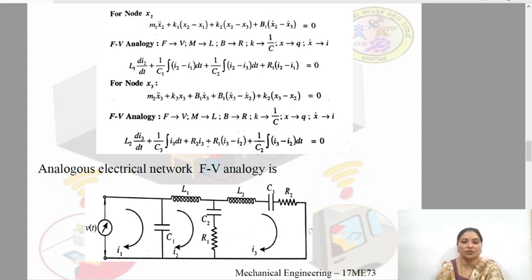Now for the node x3 we can write it as m2 x3 double dot plus k3 x3 plus b1 (x3 dot minus x2 dot) plus k2 (x3 minus x2) is equal to 0. So we can observe that at node x3 we have the mass m2, spring k3 and the damper b1 attached.